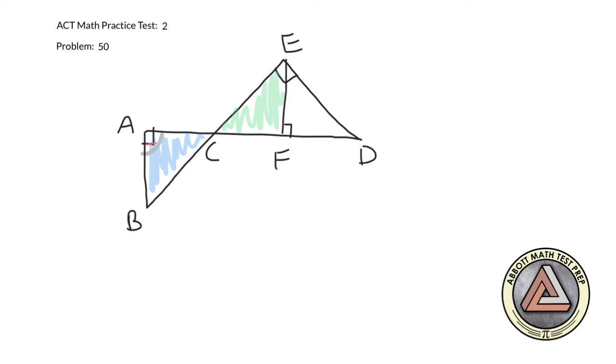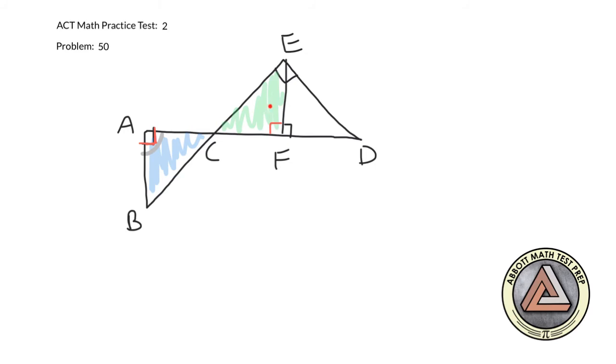So they share a 90-degree angle, and there's a 90-degree angle in this green triangle as well, because this right angle is across from this right angle. That forms a linear pair, which makes angle CFE also a right angle. So that's an important insight you need. Okay, so definitely need that insight.